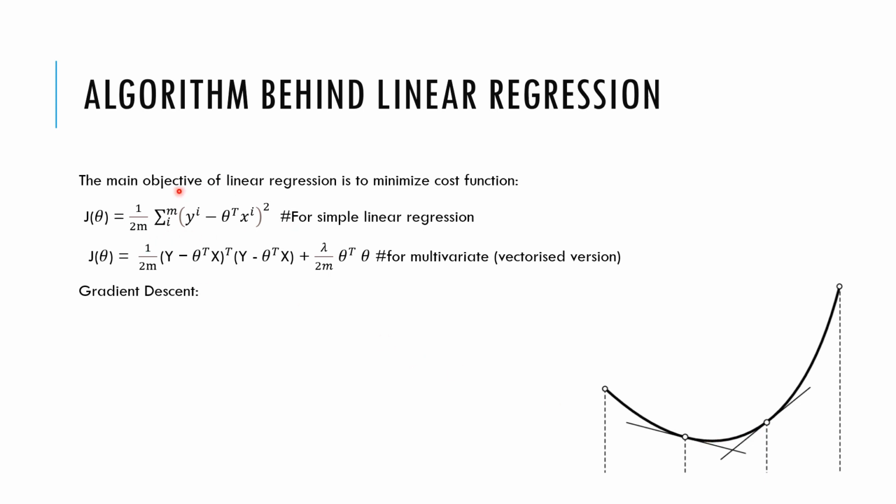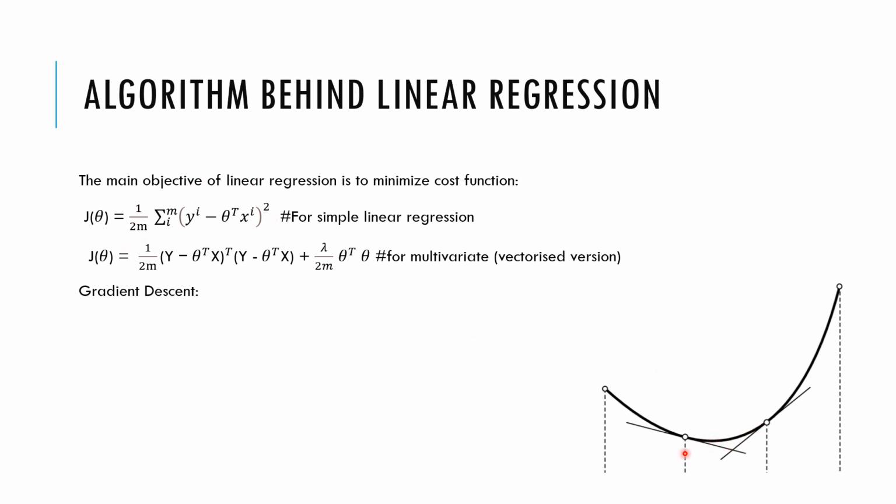If you want to minimize a function, you take the derivative. In calculus, the derivative is nothing but the slope of that function. So if you take the derivative of this function, that gives a slope. Where will the derivative of this be 0, right? That's the place where this becomes minimum.